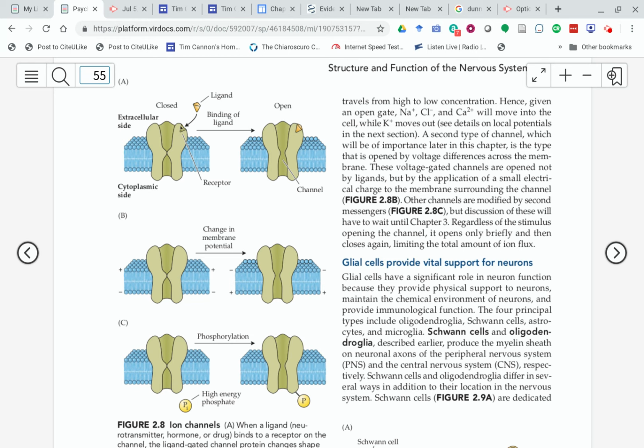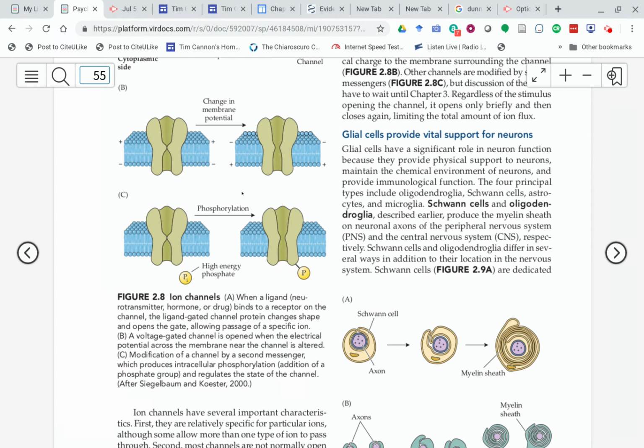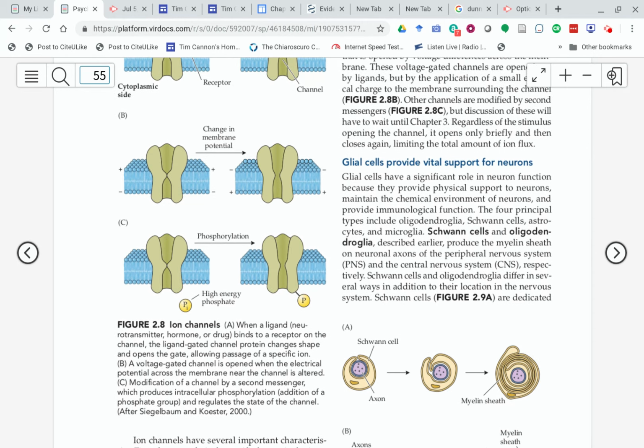So the ligand can go here, and in this case, it can open the channel. And of course, if you would put a receptor antagonist there, the endogenous neurotransmitter couldn't bind, and therefore the channel wouldn't open. And this is a little more complicated, but here we have something on the inside of the cell tickling the feet of the transmembrane proteins, and by interacting with the inside of the cell, you can also change whether the channel is open.